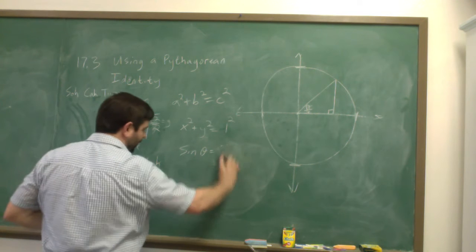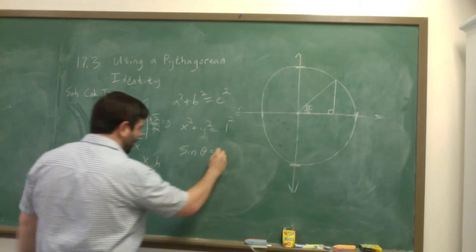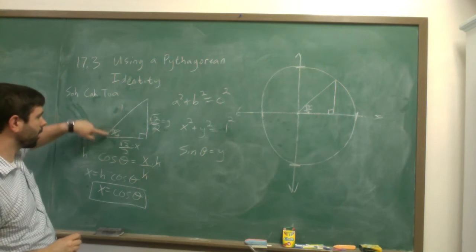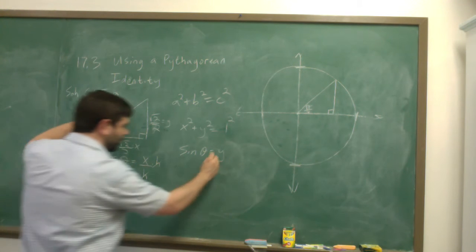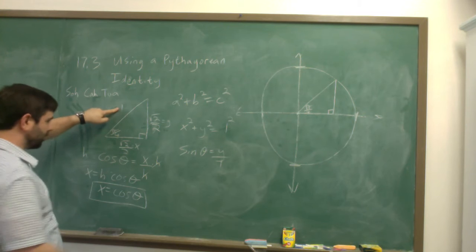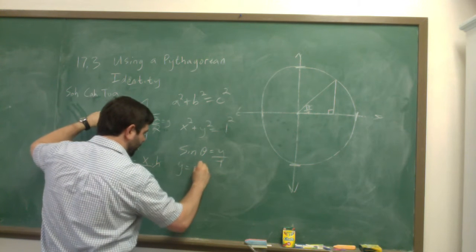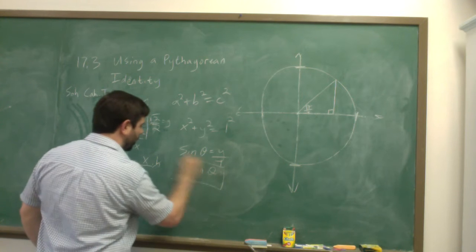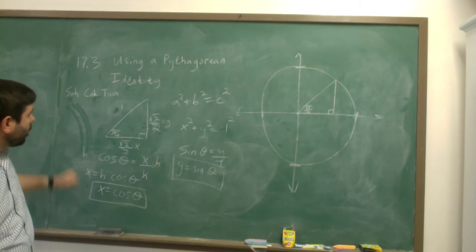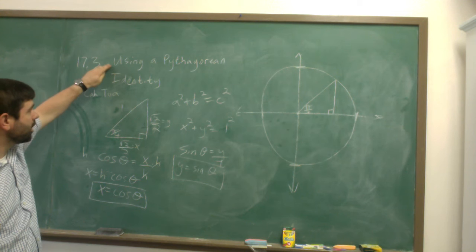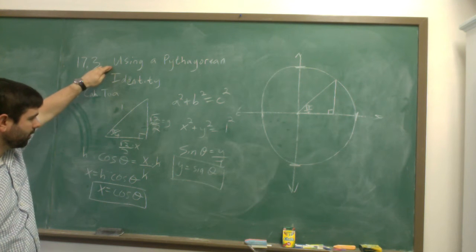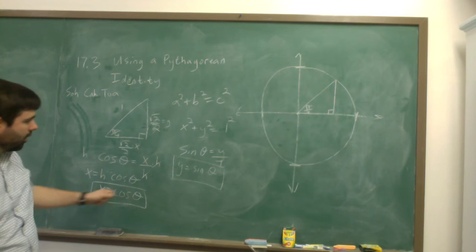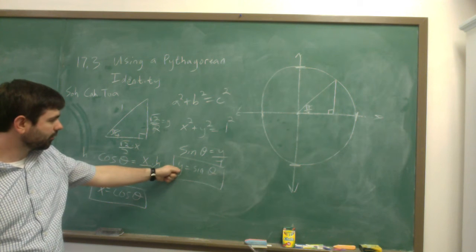But this is actually our y value. We can call it y over 1, opposite over hypotenuse, and y equals sine of theta. So using the Pythagorean theorem, we've established that x equals cosine theta and y equals sine theta.